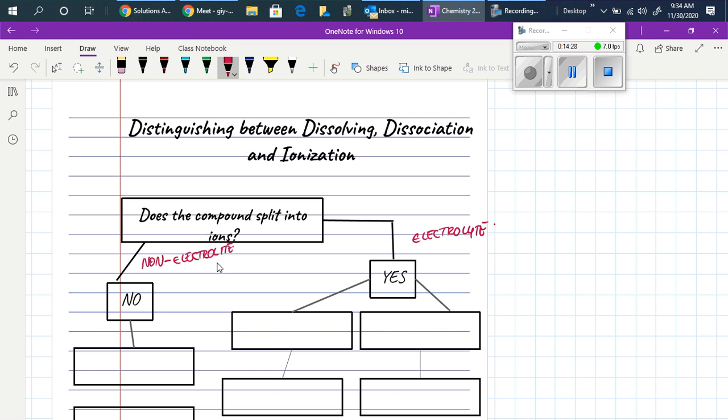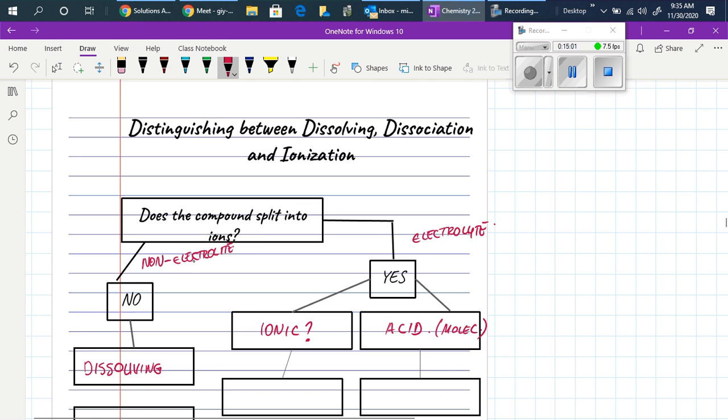Okay, so now, if no, then what will happen will be dissolving. You are dealing with a non-molecular compound. And if yes, then you will ask, is this an ionic, or is this an acid, or molecular?